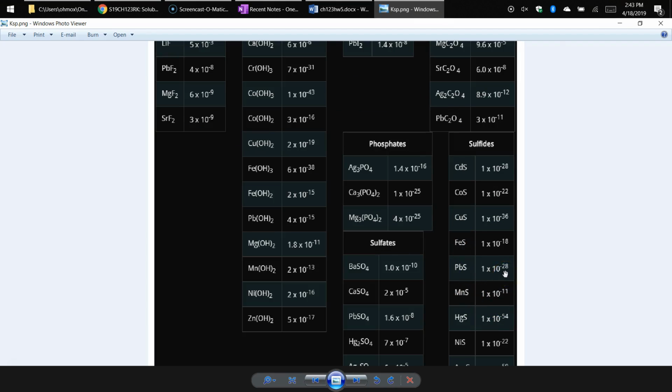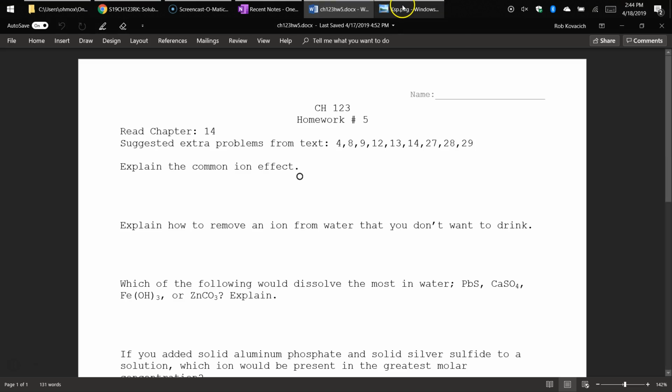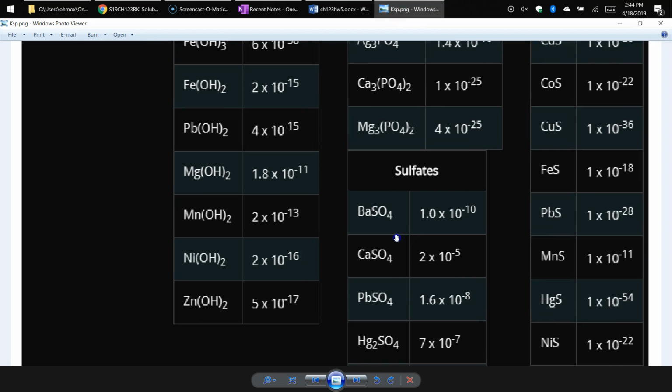So it's probably not that one, right? 1 times 10 to the negative 28th. How much of that is separating? Nothing, right? You don't have to worry about that. So that's probably the least soluble one. What else we got? Calcium sulfate. Okay, so let's find a sulfate. Here's a 2 times 10 to the negative 5th. All right, so that's pretty soluble as far as insoluble things go.